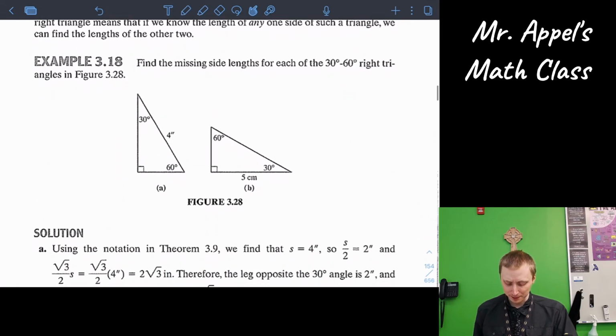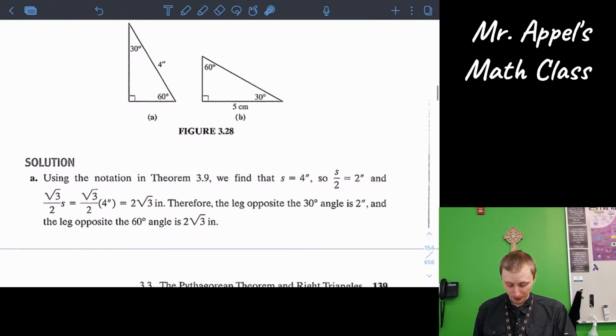So let's practice that. Find the missing side lengths for each 30-60-90 right triangle in Figure 28. Here we're given the hypotenuse of 4 inches, and in this one we have the longer leg, 5 centimeters. So using the notation in Theorem 3.9, we find that s is 4 inches, so s over 2 would be 2 inches, and square root 3 over 2 times s is root 3 over 2 times 4.